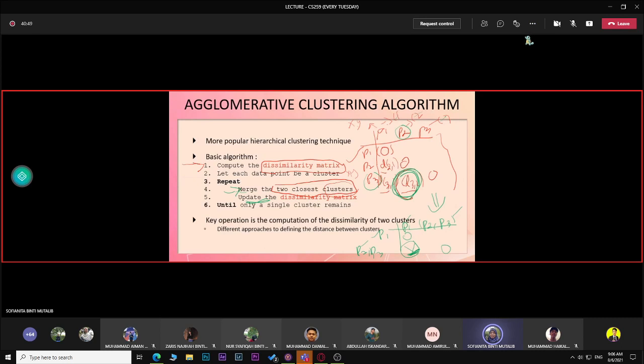So the process will go through. Definitely at the end, there are no other objects, only this one. This will definitely be combined into one big cluster, which is P1 together with P2 and P3.